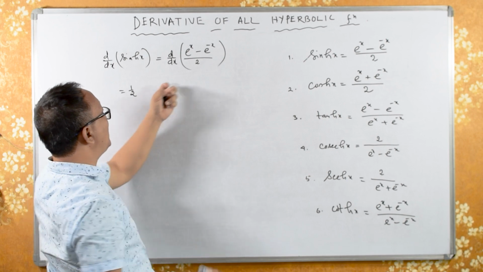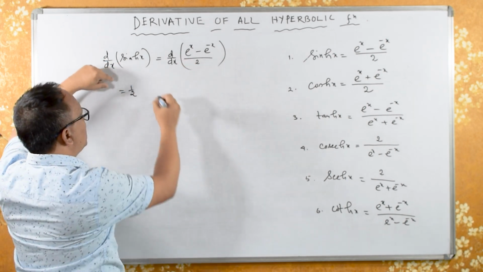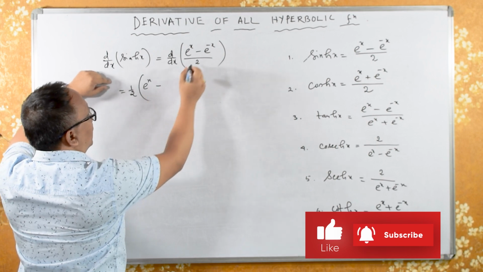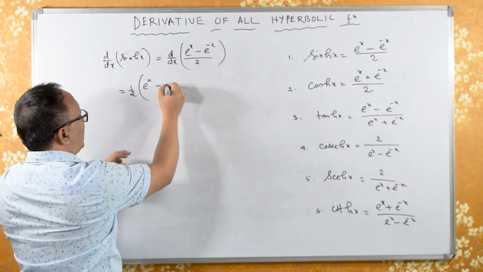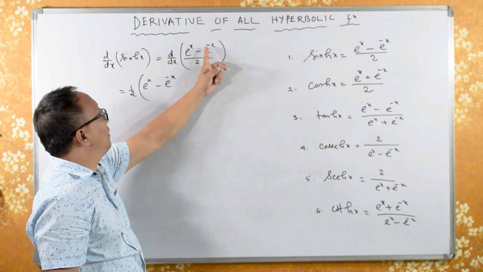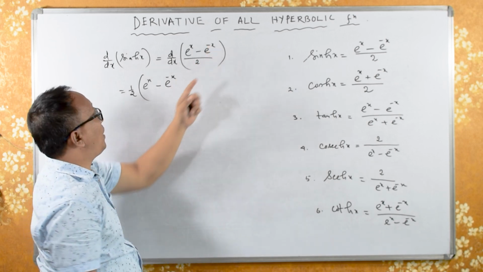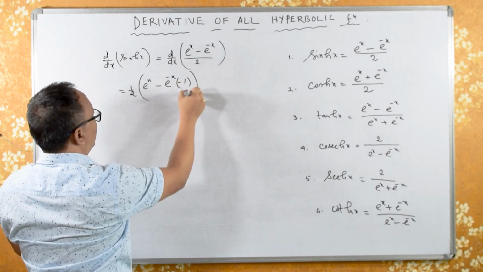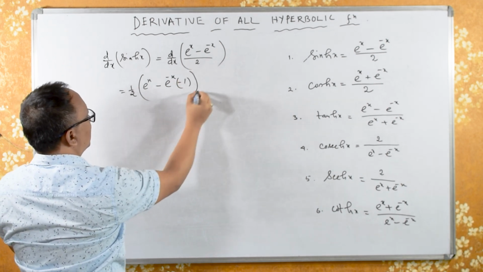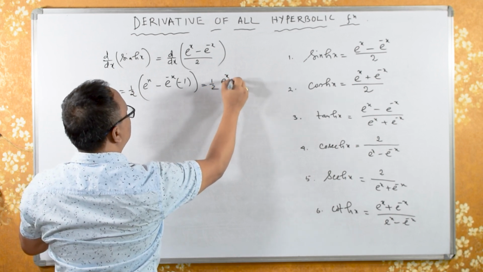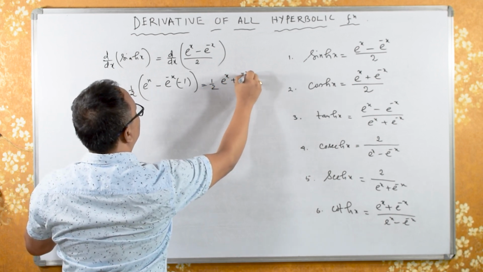Now differentiation of e raised to x is e raised to x, minus, again e raised to minus x is e raised to minus x into d by dx of minus x, which is minus 1. Here we have another minus 1, you can say. Here minus plus. This is the same as half e raised to x plus e raised to minus x.